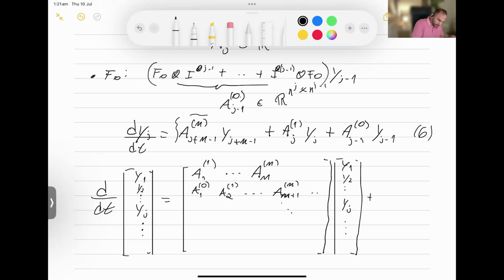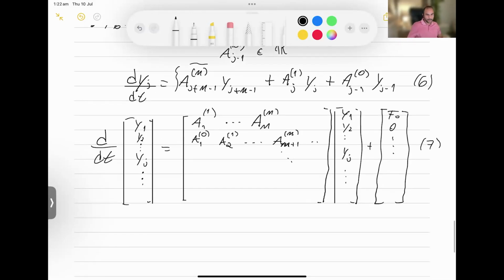And plus the component from V0 that comes from the first component that I couldn't couple with because I don't have Y0, for example. And then I can again do the same procedure of truncation. I do the truncation.